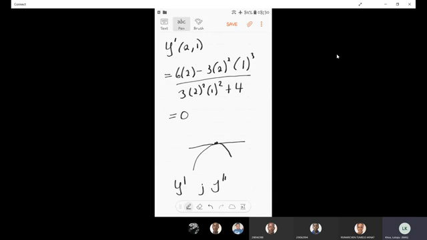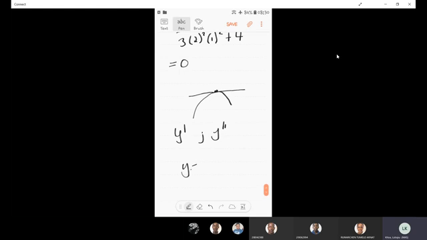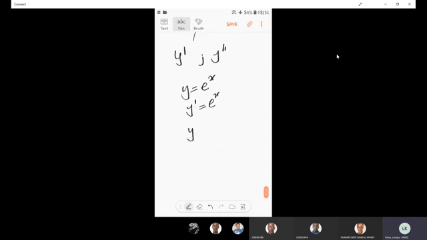So sometimes you have functions where maybe the third or fourth derivative is 0, and then you have other functions. For example, if y is equal to e to the power of x, when I find the first derivative, this is e to the power of x. When I differentiate this again, this is still e to the power of x. So I can differentiate this continuously. I will always get an answer.